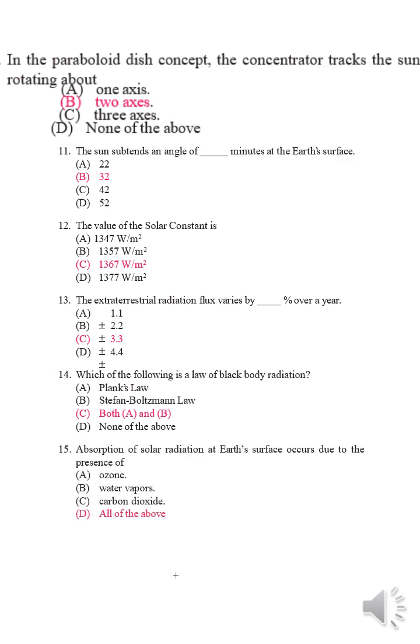Next question: the absorption of the solar radiation at Earth's surface occurs due to the presence of ozone, water vapor, carbon dioxide. So the correct answer will be all of the above. Global radiation is equal to the direct radiation plus diffuse radiation.